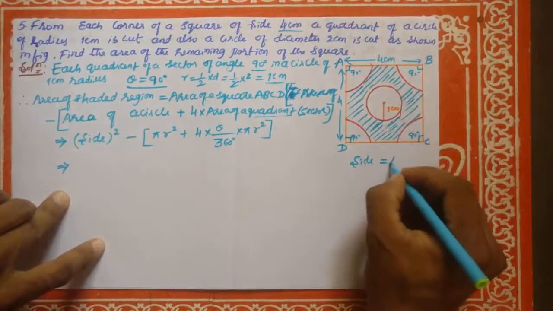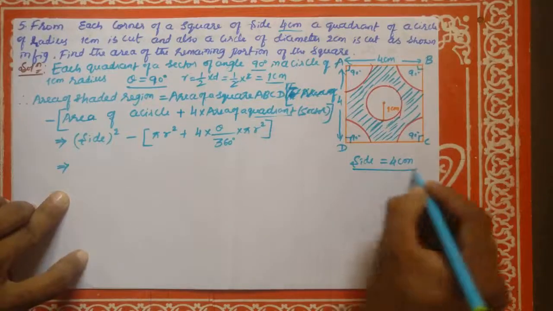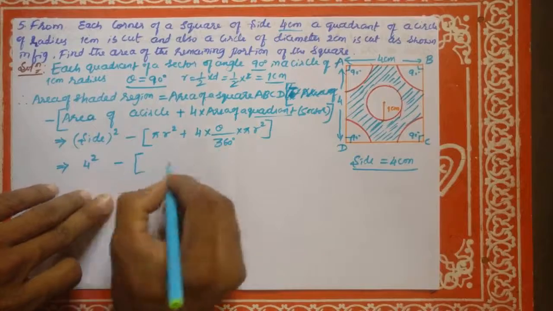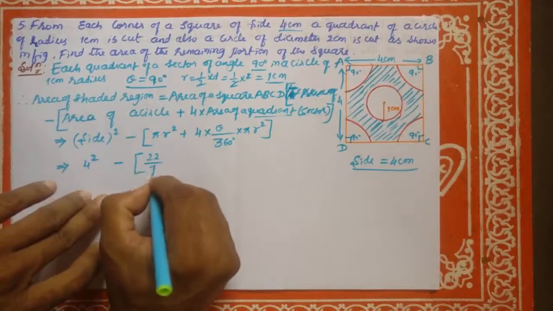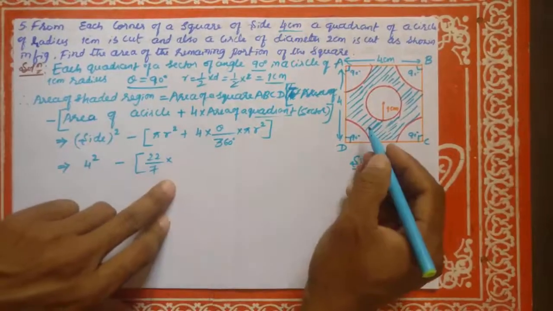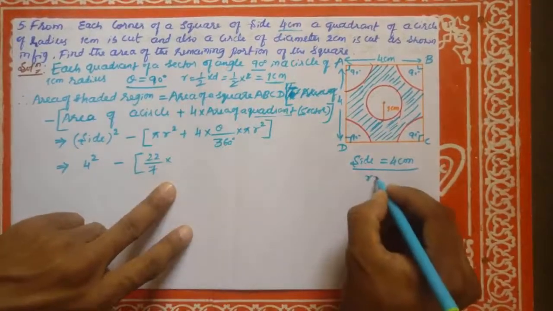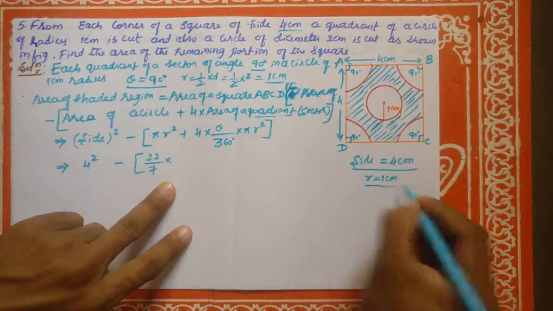Each side is 4 centimeter. So 4 square minus pi, which is 22 divided by 7, into radius square; the radius of the circle is 1 centimeter.